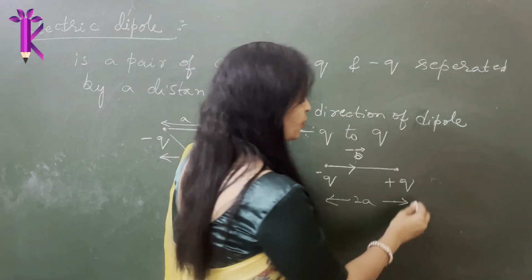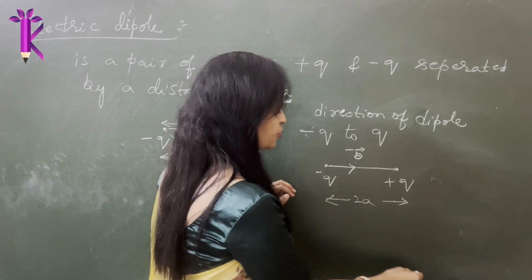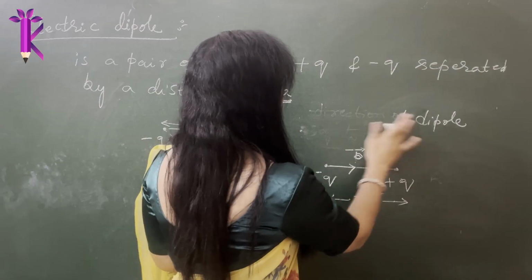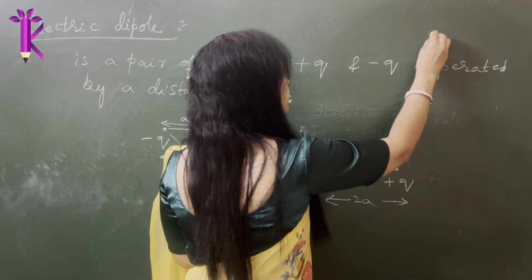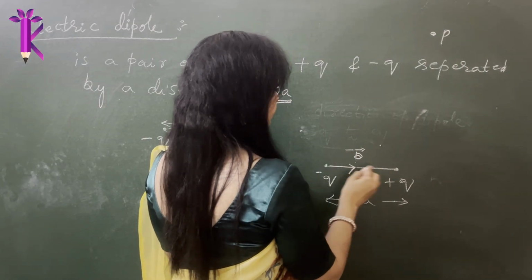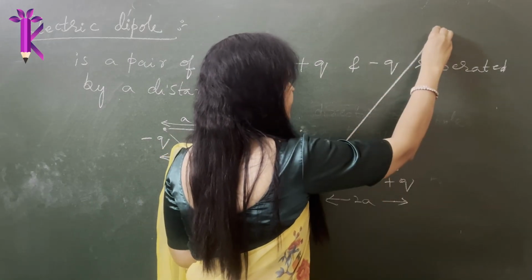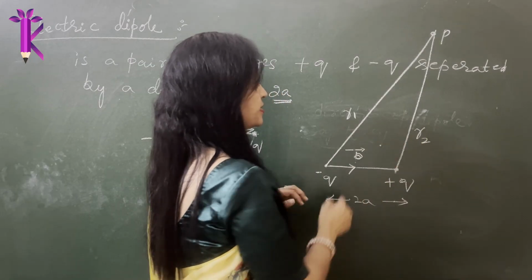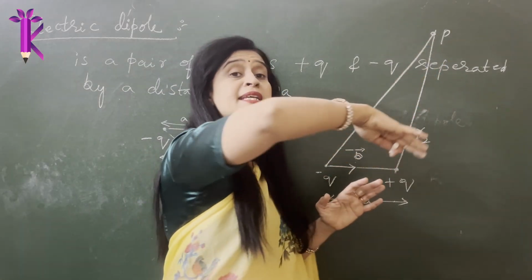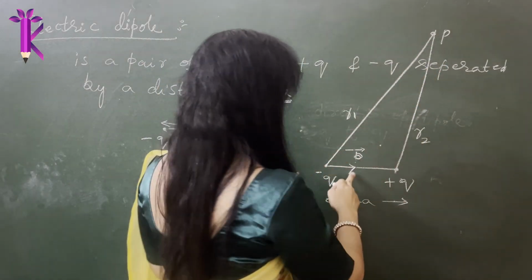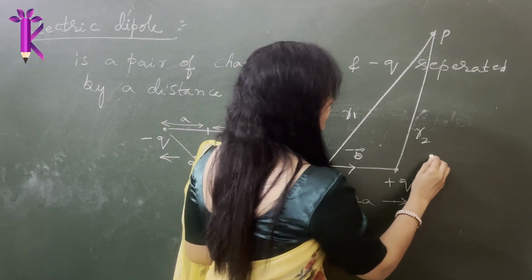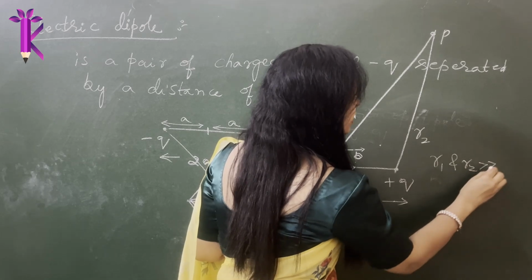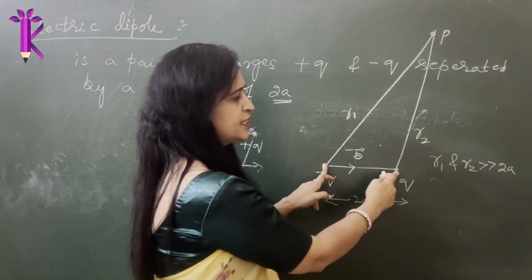Now what will happen? Suppose these are minus Q and plus Q, and I keep a point charge P somewhere here. This is R1, the distance of separation, and this is R2, the distance of separation. Imagine this is kept very, very far away, such that R1 and R2 are very much greater than the distance of separation between the two charges.